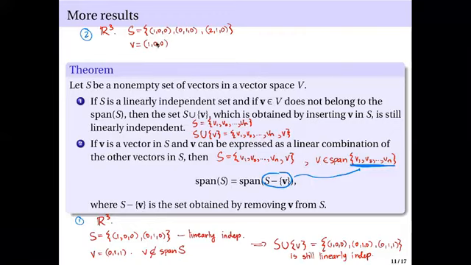And let's see. We can rewrite this. We can write 1, 0, 0 in terms of these two vectors. Okay? If we try to do that, this is just 1 half 2, 1, 0 minus 1 half 0, 1, 0.